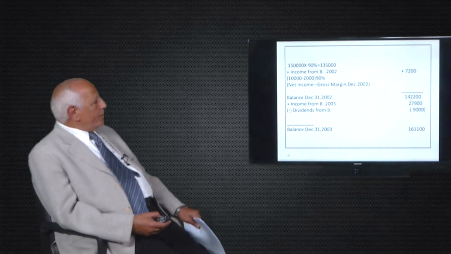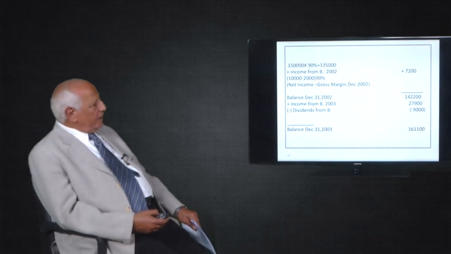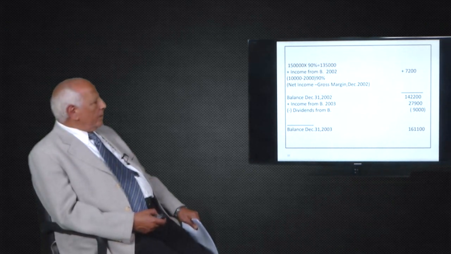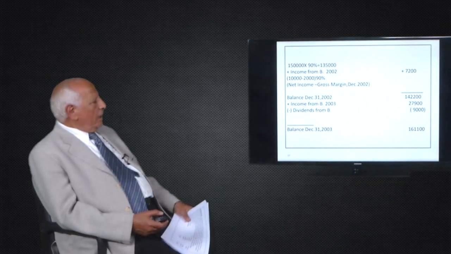The balance: income from B again, 27,900 in the second year, minus dividend of 9,000, gives you the ending 161,100. If something is missing a number, I will pass it to Heba to copy and explain this in more detail.